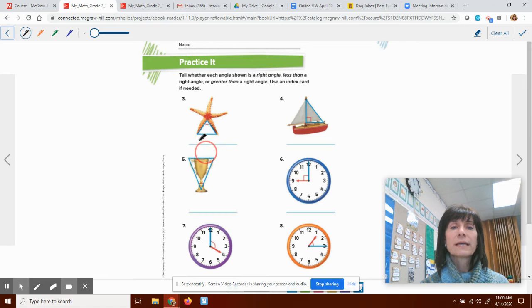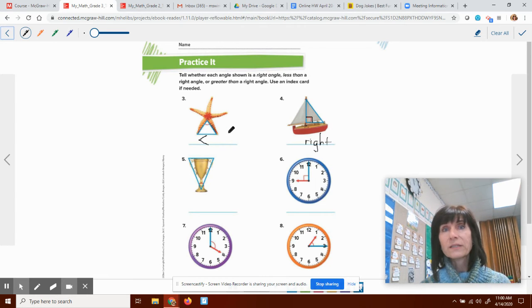I'm going to use the less than sign. In the sail, they're showing, and this is the universal sign of a right angle. So I can say this is a right angle and write the word right. I want you to take a look at the rest of your worksheet, and you'll write down if this is less than, greater than, or a right angle.